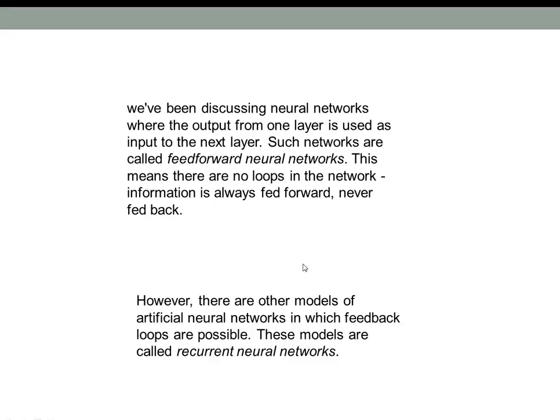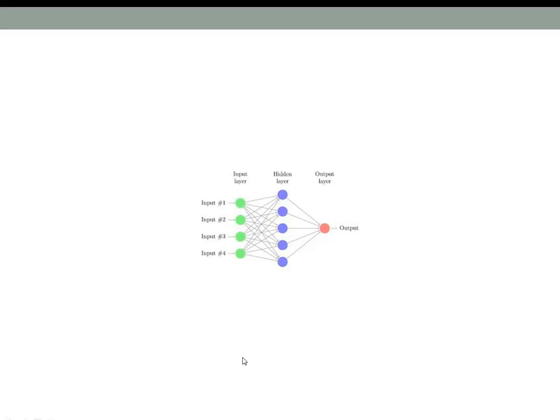So the input from here goes to here, and then doesn't circle back in some kind of loop. People are doing research in those kinds of loops, but they're not as popular now. However, there are other models of artificial neural networks in which feedback loops are possible. These models are called recurrent neural networks. Okay, but we won't study those.